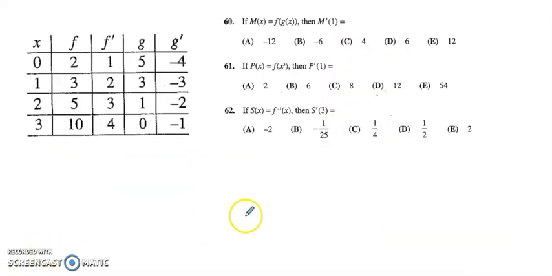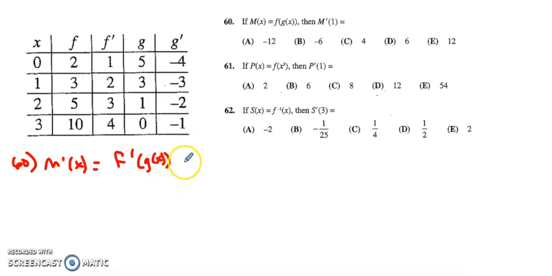So I brought forward the table again, and we'll do the last 3 problems using the table for derivatives. For number 60, I need m prime of x, which is a chain rule problem. I need f prime of g, g is the inside function, it stays intact, times the derivative of the inside function, so g prime of x.